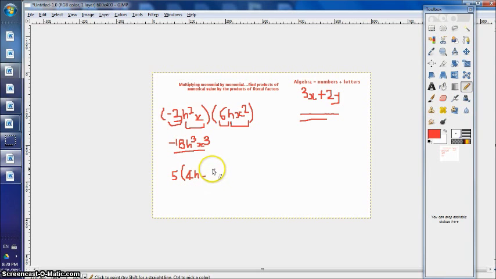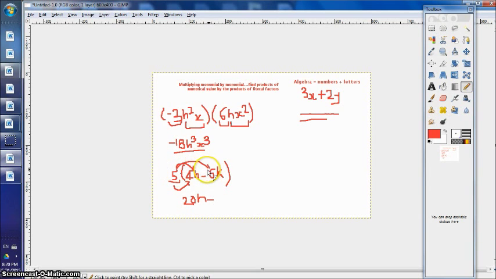Okay, let's take another example. Let's take 5 into 4h minus 6k. Again, we're multiplying the numbers first.